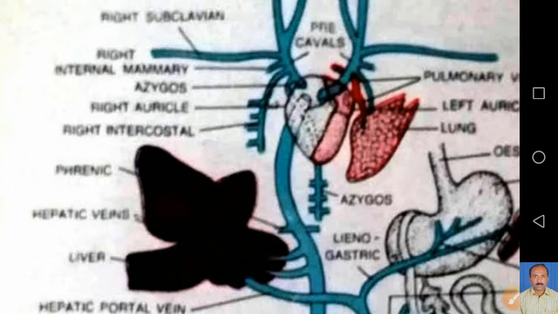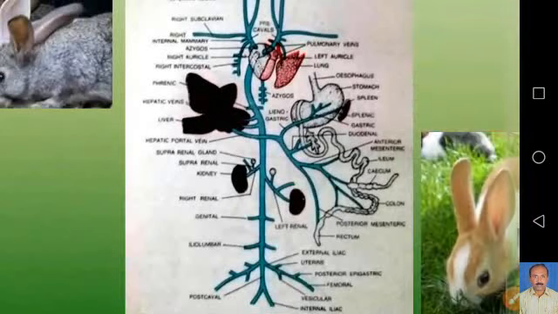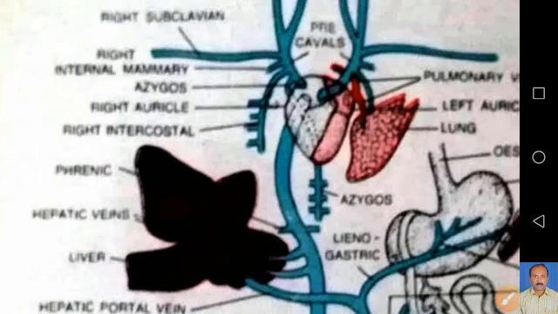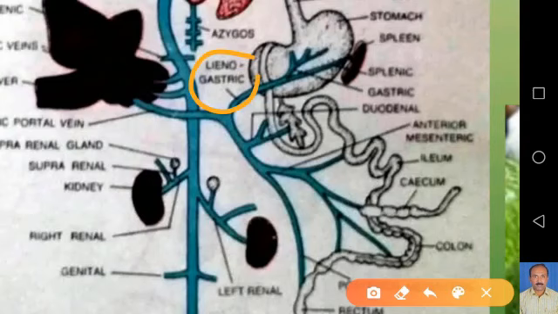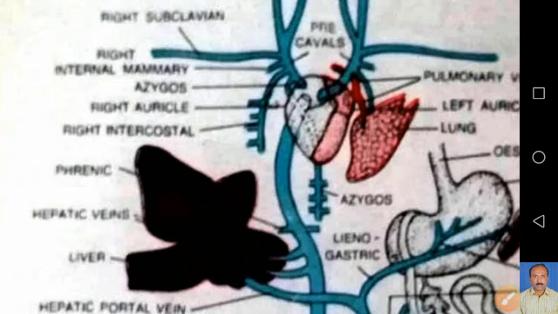Next, hepatic portal system. A renal portal system is totally absent, while a hepatic portal system is well developed in mammals and rabbit. The food-laden blood from various regions of the digestive tract is collected by four veins: lienogastric from stomach and spleen, which is divided into two branches: gastric vein from the stomach, splenic vein from the spleen, forming lienogastric vein.